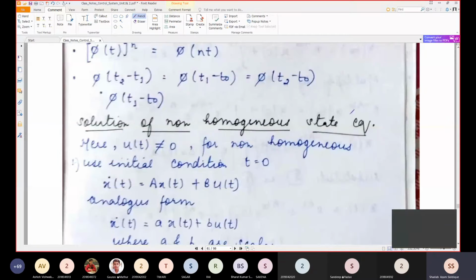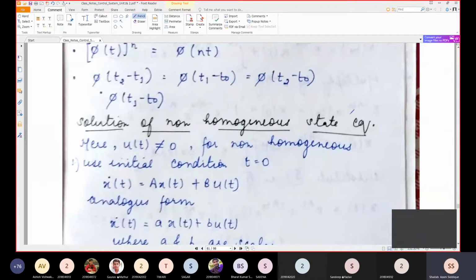Next, we saw the solution of the non-homogeneous state equation. There were two conditions: the initial condition at t equal to 0, and the initial condition at t equal to t naught. If u of t is applied and is not equal to 0, there will be two cases.